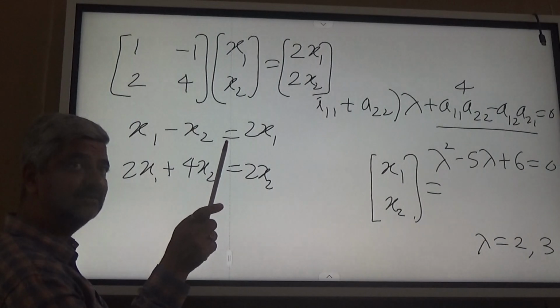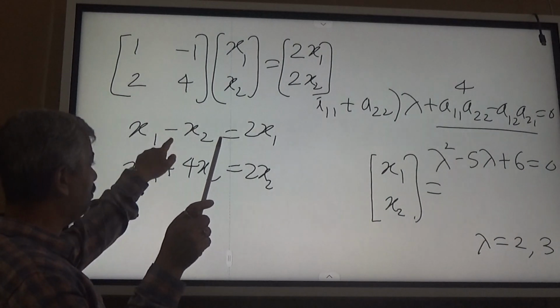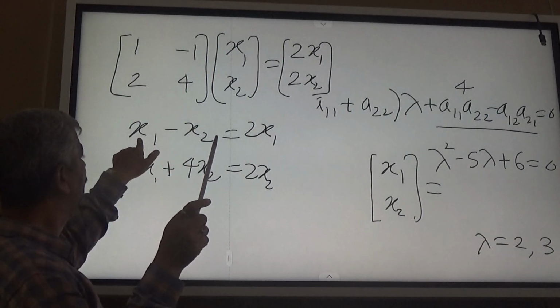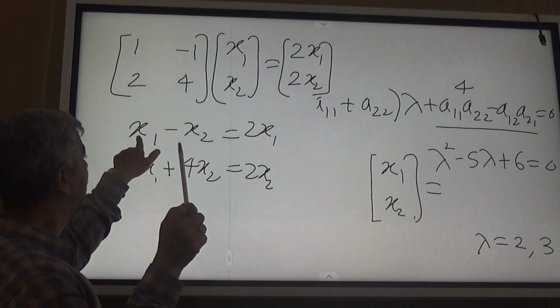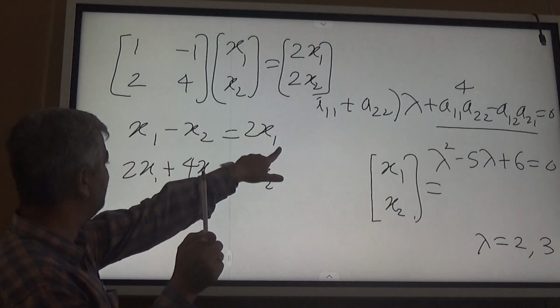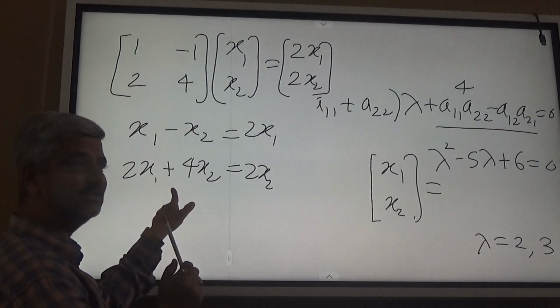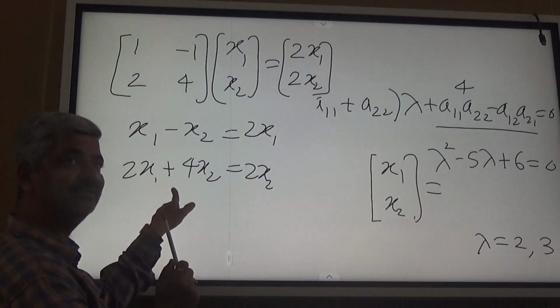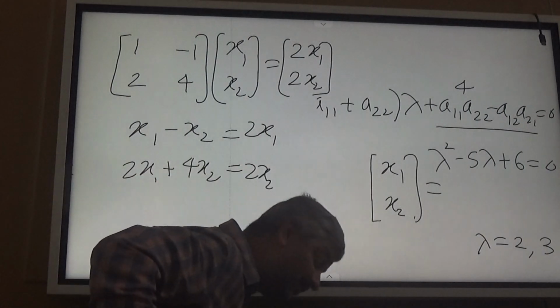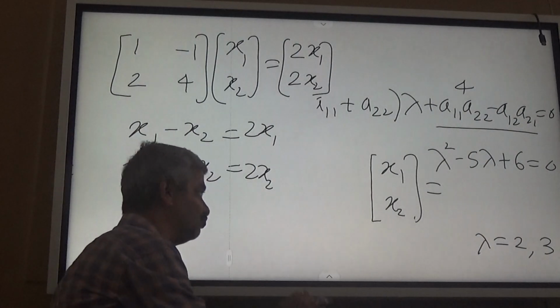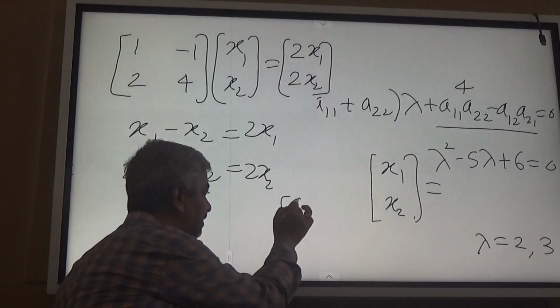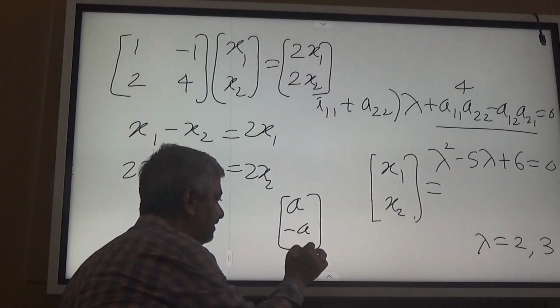Is it right? If we solve these two, x1 goes on the other side, x1 equal to minus x2. And the moment you put x1 equal to minus x2, it is also valid. Is it right? So x1 equal to minus x2 means you can write a, minus a.